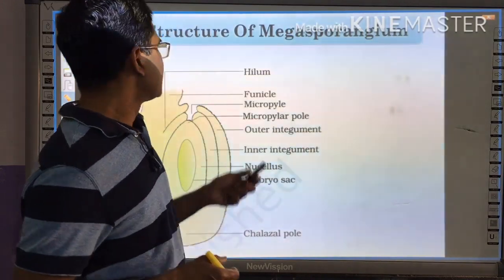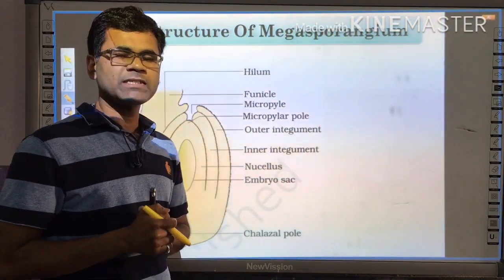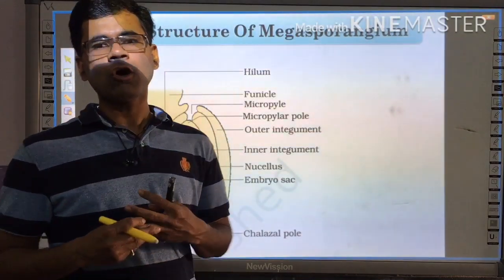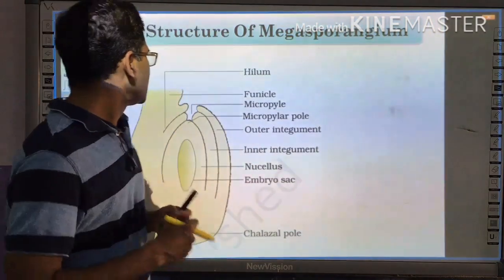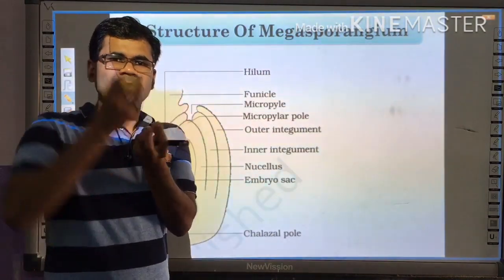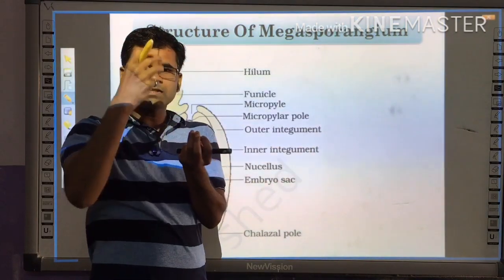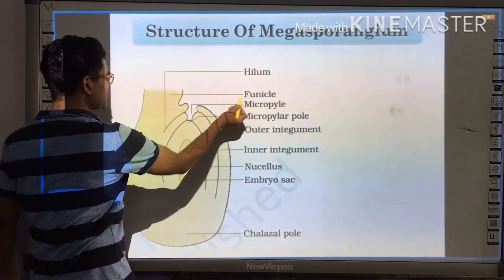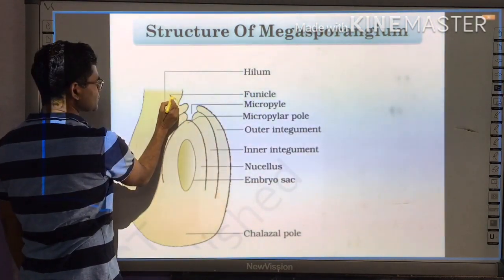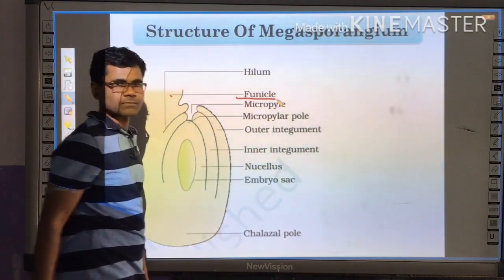Now let's have a look at the structure of the megasporangium. Megasporangium, in simple form, is also termed the ovule. The ovule is connected to the main stalk by a long filamentous structure, and as you can see here, this part is called the funicle.